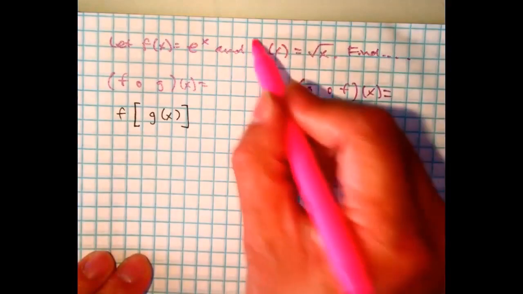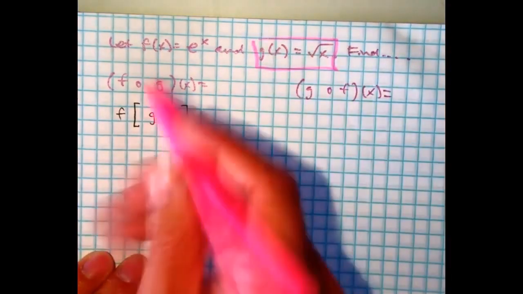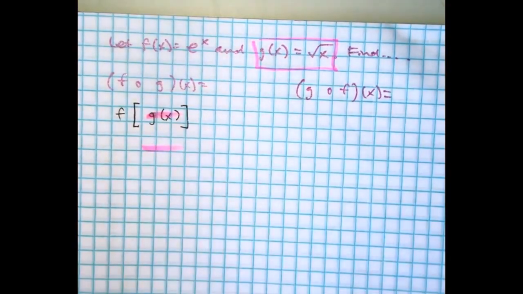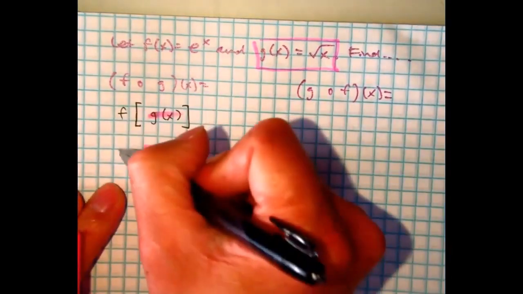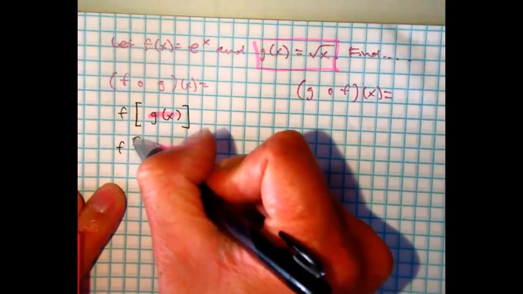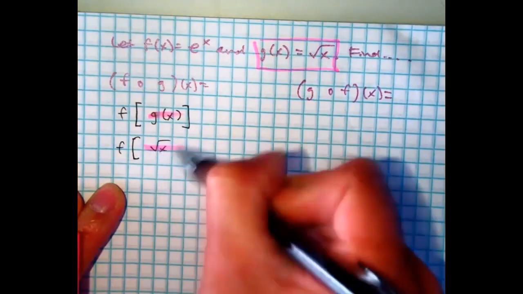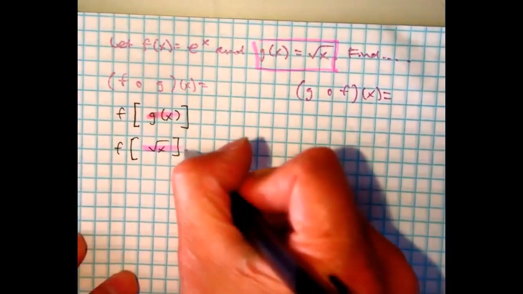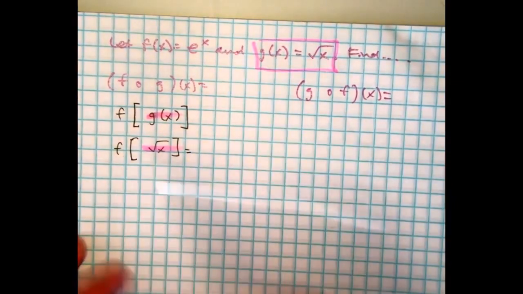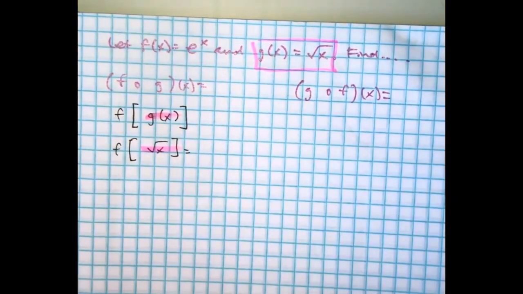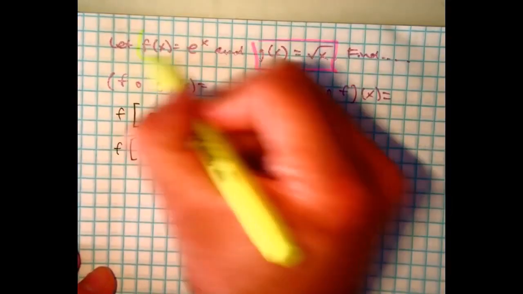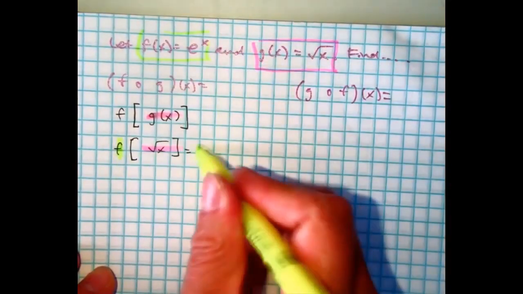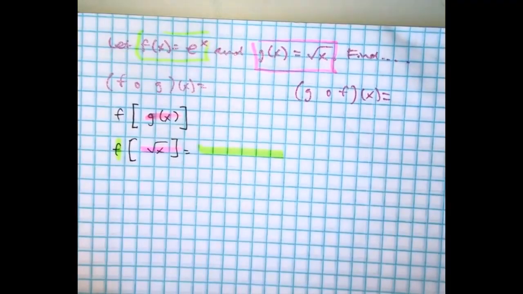Then we'll do g of x in pink. So that goes here. So basically in my function of f, I'm going to be writing the square root of x. So if I do that, f of x is e to the x power.